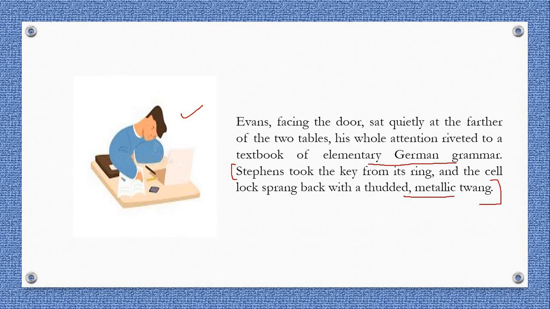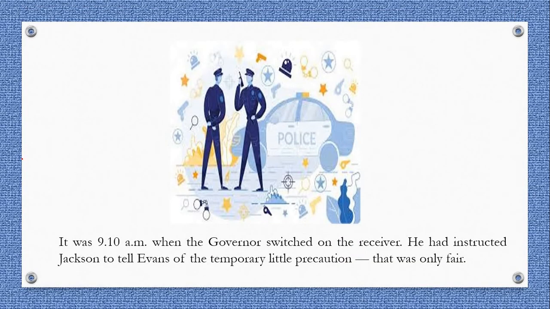As we read further, we learn that it was about 9:10 a.m. when the governor switched on the receiver. He had instructed Jackson to tell Evans of the temporary little precaution, and that was only fair, he thought. Why was it so? As if Evans wouldn't spot it, they had made all the arrangements. They had also set a mic in the cell.